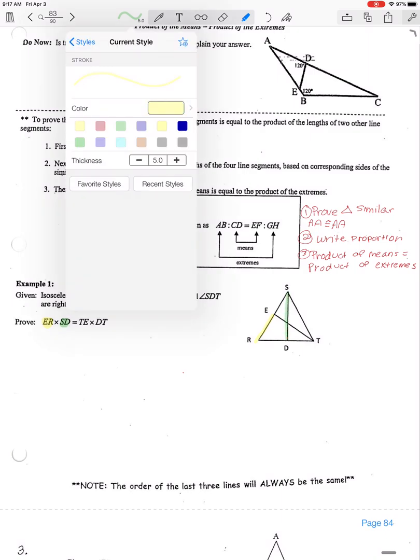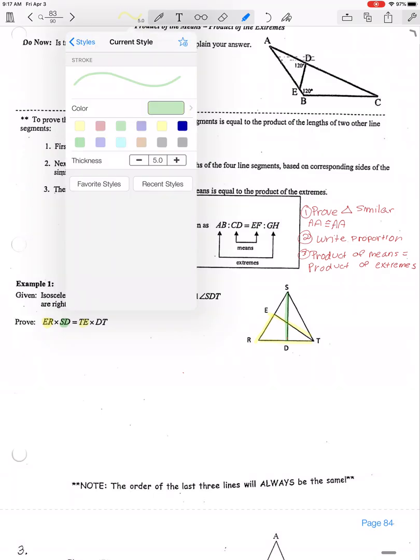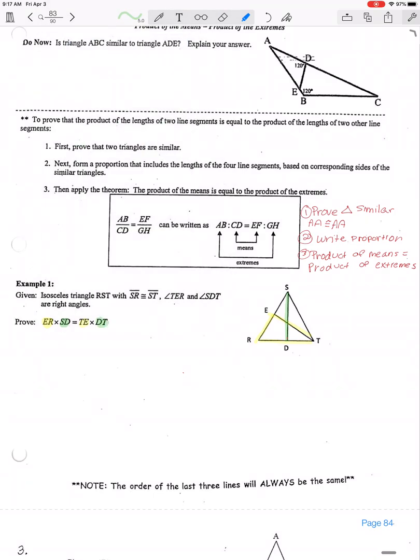Then I have TE. So now you can kind of see that triangle right here. And I have DT, right here. So then you can see my triangle right here. So those are the 2 triangles I'm going to try to prove that are similar.